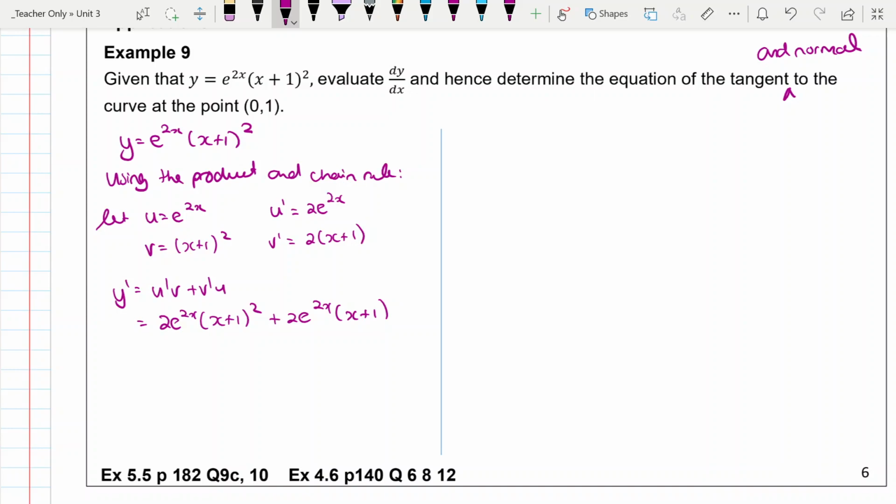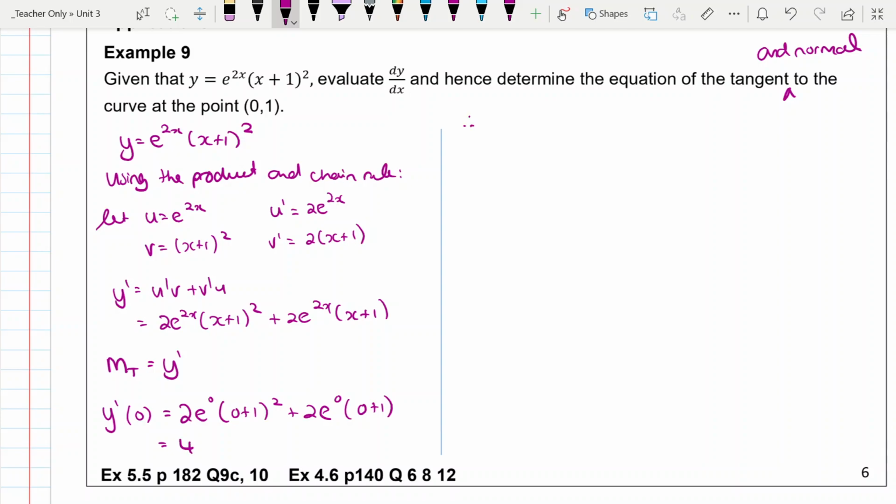So I'm going to say that the gradient of my tangent is equal to y dashed, and y dashed when x equals 0 is going to be 2e to the 0 times 0 plus 1 squared plus 2e to the 0 times 0 plus 1, and that gives me 2 multiplied by 1 is 2, plus 2 multiplied by 1, which is 2, which is 4.